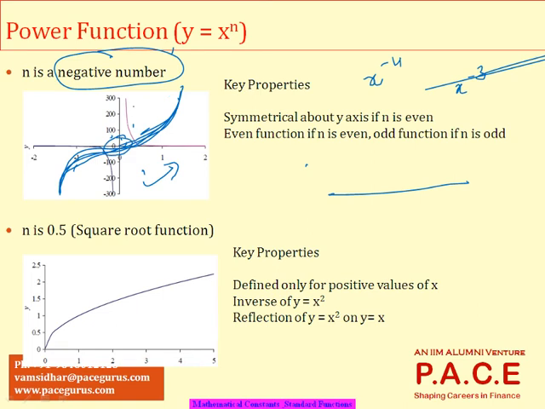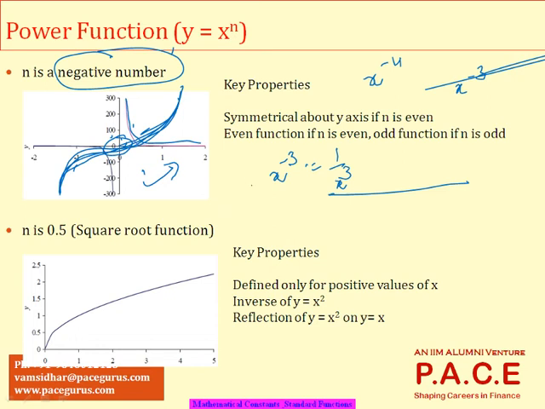Whereas when the power is negative but still odd, we will find that the graph is more of a decreasing function, because x to the power of -3 is nothing but 1 by x cube as per the formulas. If one number is an increasing function, then 1 by it, which is the reciprocal, will always be a decreasing function.